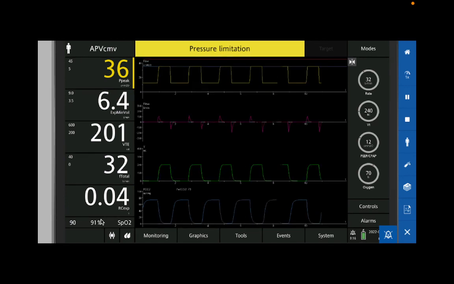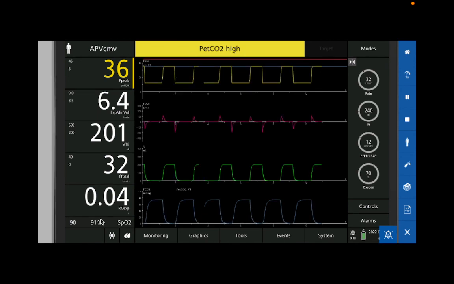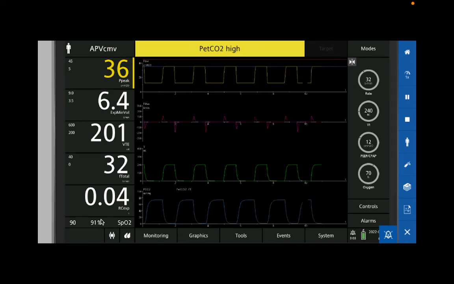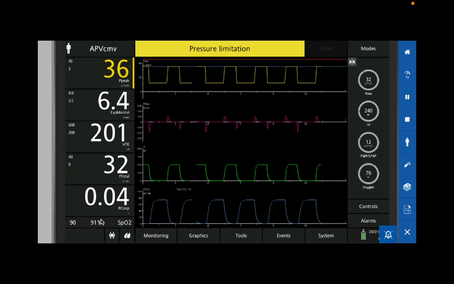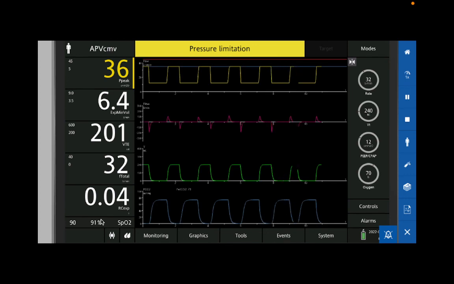Or are they desatting because I'm under-peeping them? I need to recruit more, then I need to consider more PEEP. Are they desatting because my blood pressure is too low? If you have a patient who's hypotensive, they may be hypoxic because we're not perfusing the lungs adequately, or we're not perfusing the finger adequately to check the SpO2.